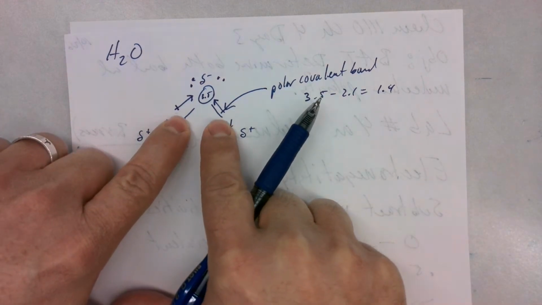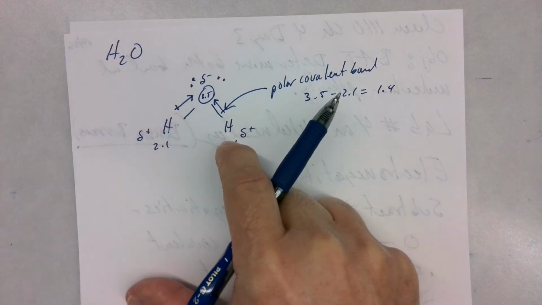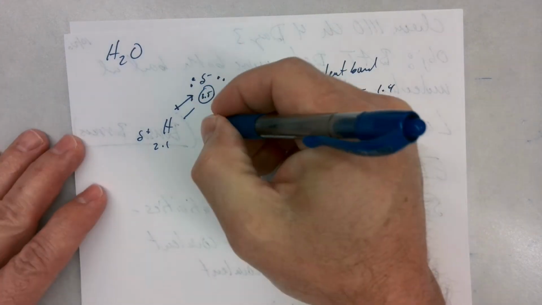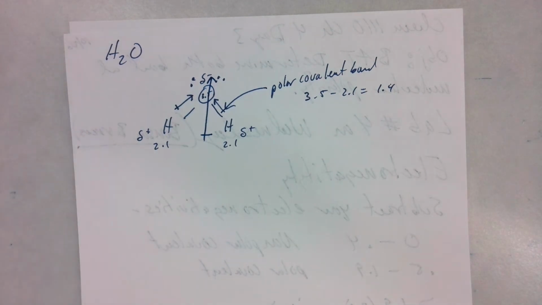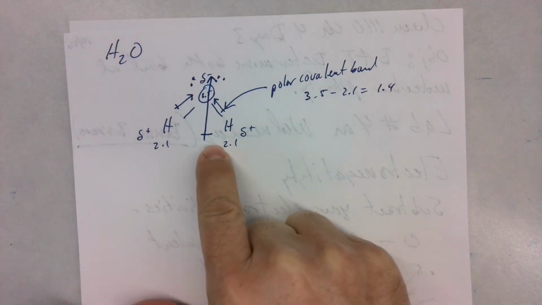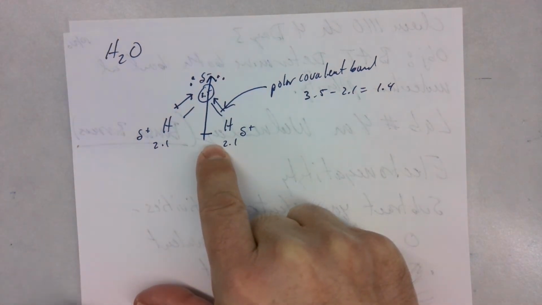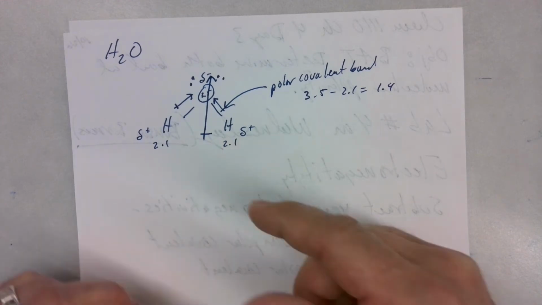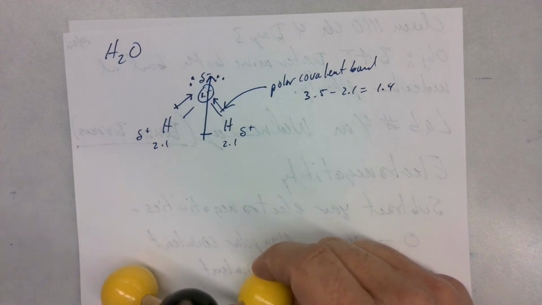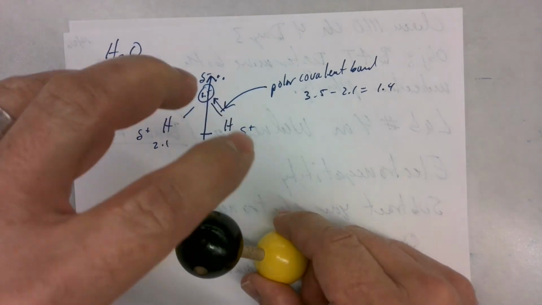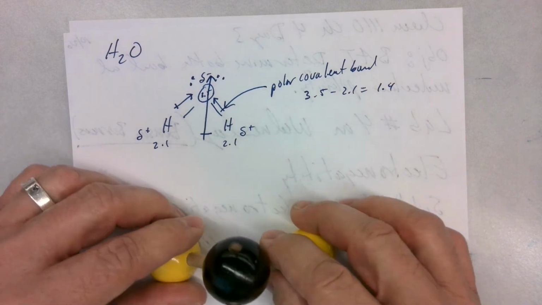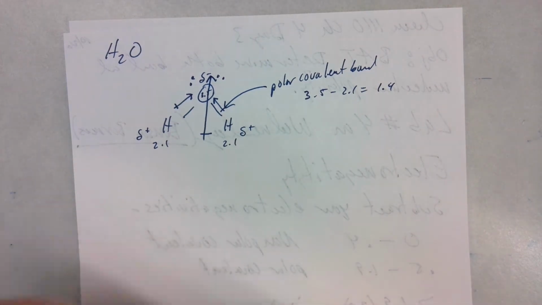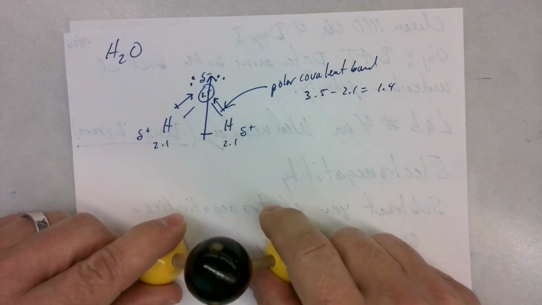This is my bond polarity, and then they'll look at it as a molecular polarity, and they'll do this. Meaning that this is a polar molecule. And what that means is that I've got one end that is negative, where the lone pairs are. The other end opposite that is going to be positive. And that is one of the things that gives water some of its unique properties.